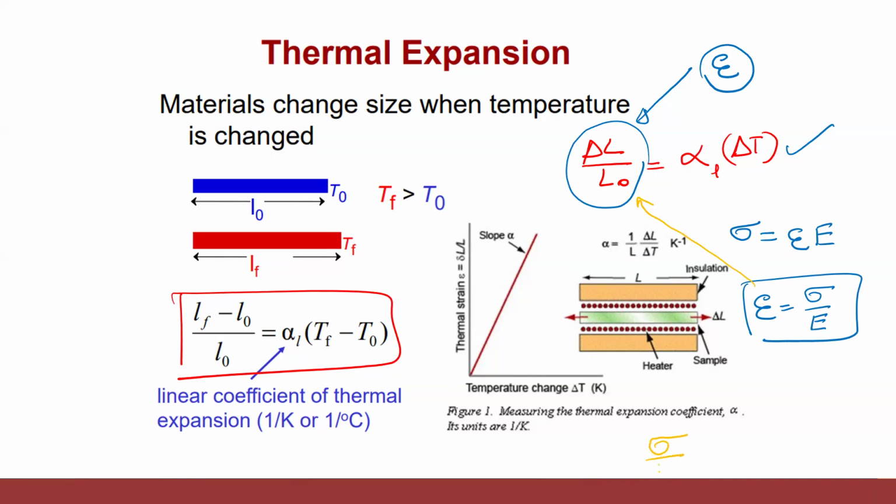So stress over Young's modulus equals the expansion coefficient times delta T. You can make the stress the subject: stress equals E times alpha times delta T. This stress is due to the temperature change, so we call this the thermal stress. Does that make sense?